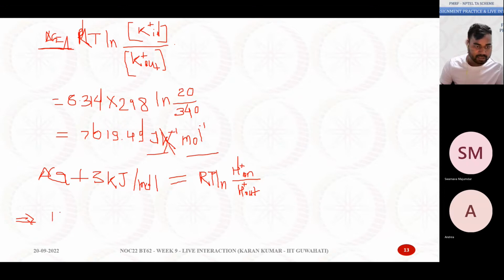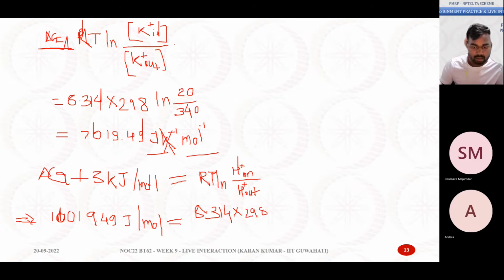So it gives you 10,019.49 joule per mole equal to RT, 8.314 multiplied by 298, ln of H plus in divided by H plus out.